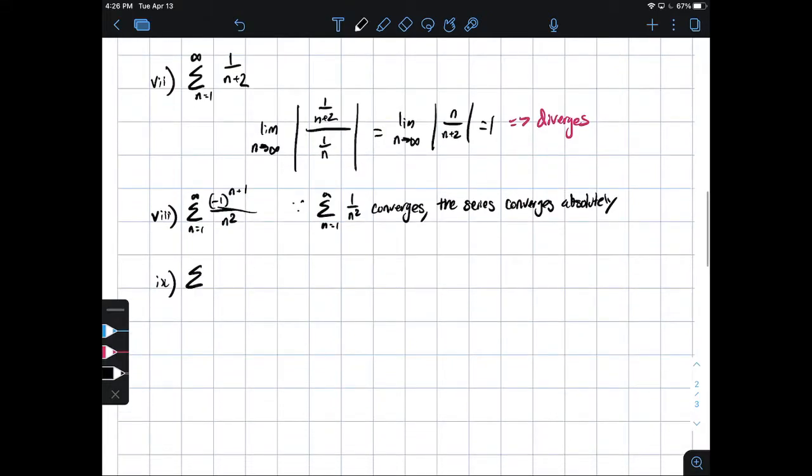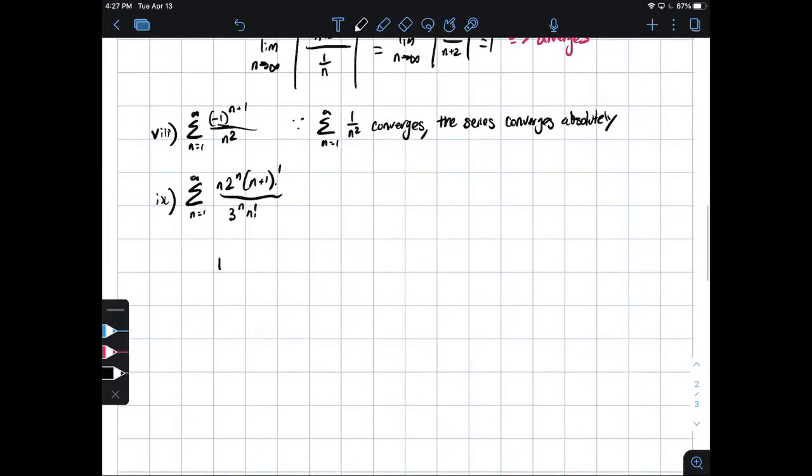So we're going to start off again, continuing where we left off. This one is n to the 2n, n plus 1 factorial over 3 to the n factorial. Now, we see factorials, we think ratio test, so let's do exactly that.